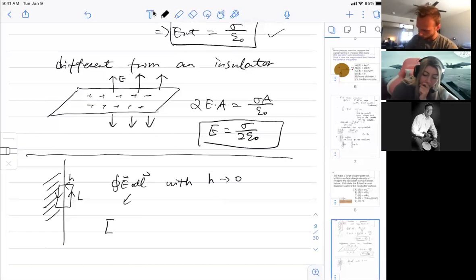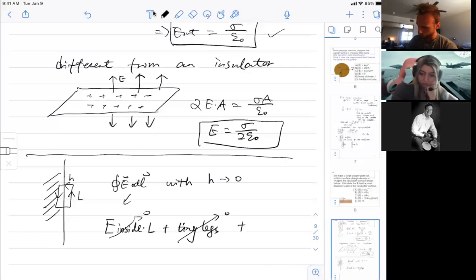So the contribution will be E inside the conductor times L, plus these tiny legs, which are almost 0. E inside is 0. The only contribution would be a non-zero E outside times L.